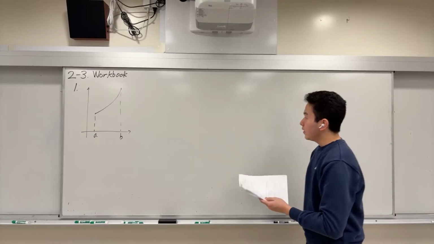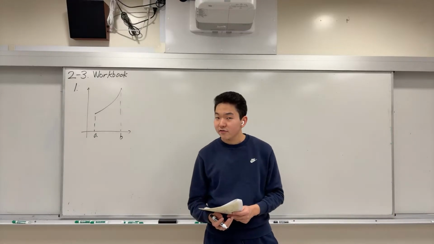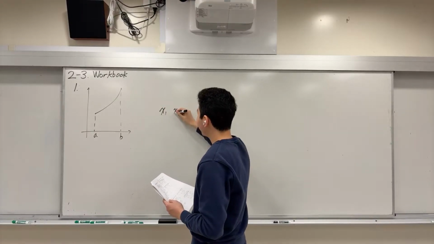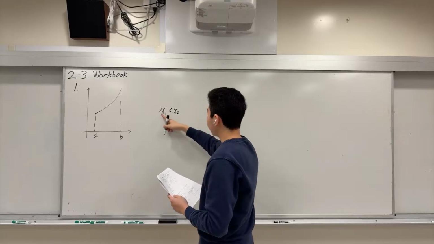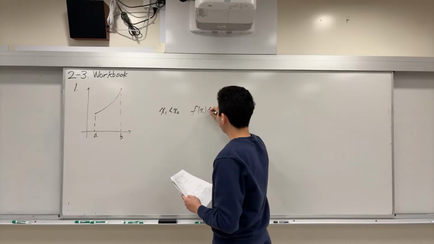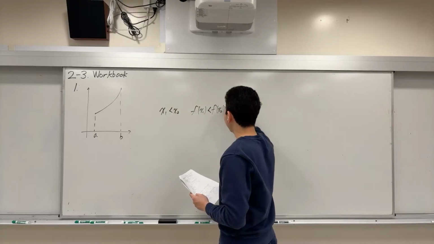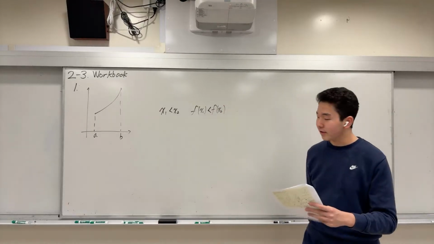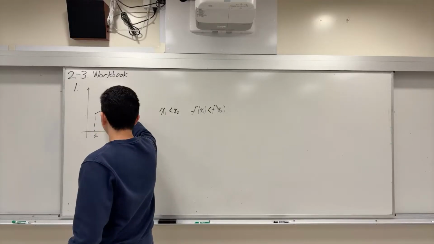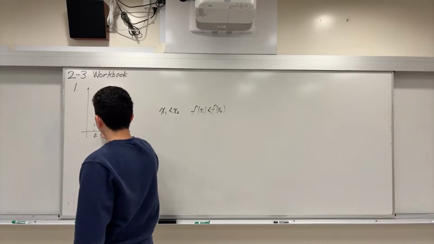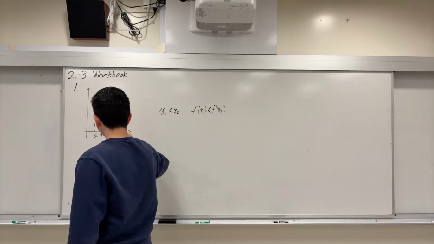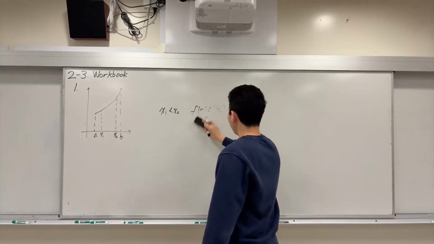Remember the definition of an increasing function. We had two numbers, x1 and x2, and if x1 is less than x2 and f of x1 is less than f of x2, then we can say that the function is increasing, right? So what we need to do is set an arbitrary x1 and x2.